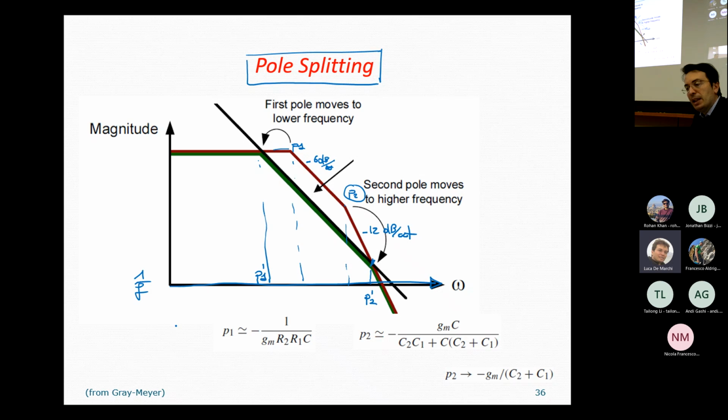This means that at omega null we are experiencing the phase loss due to P1, the phase loss due to the positive zero, and finally the phase loss due to P2. So in this condition, the circuit can be critically unstable.